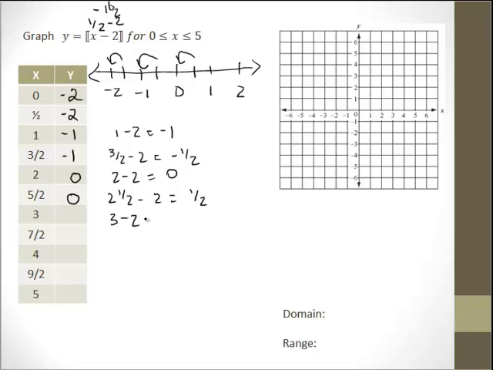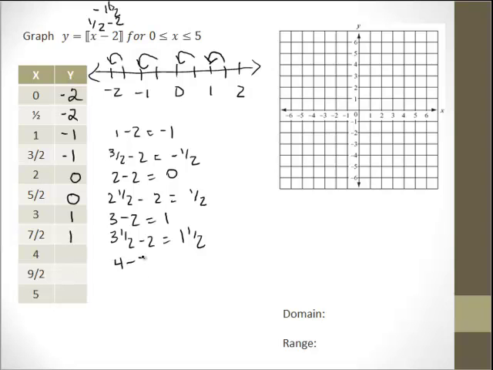How about 3? 3 minus 2 is 1. 1 is an integer. How about 7/2? That's the same thing as 3.5 minus 2, so 1.5. 1.5 is here. What's the greatest integer just less than that? That would be 1.